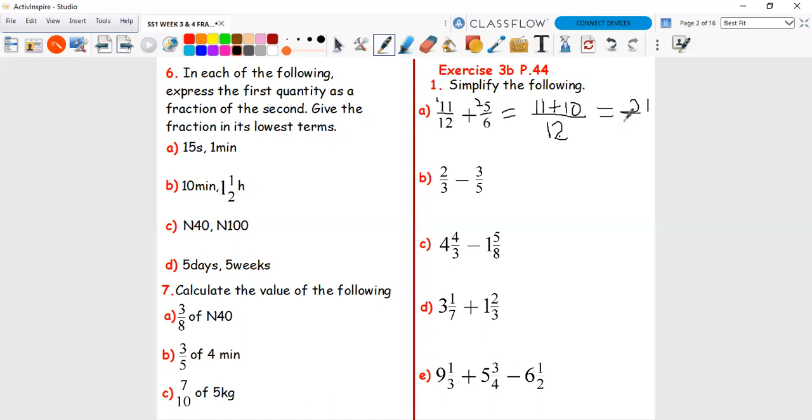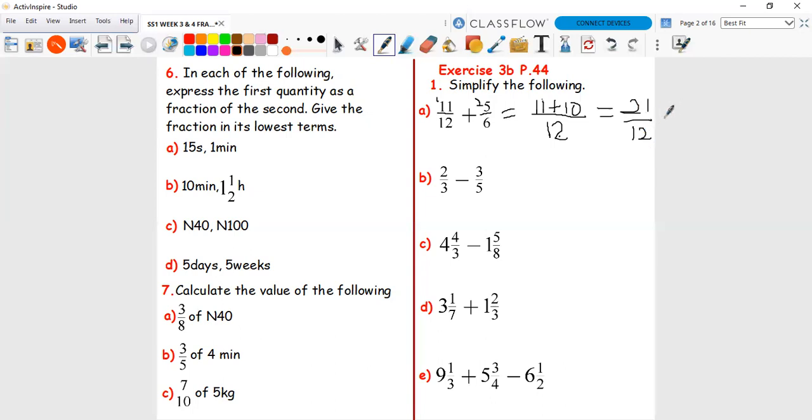Depending on the nature of the question, but normally as a mathematician, you are not expected to leave your answer in improper fraction. It is an improper fraction when the numerator is higher than the denominator. So you have to look for how many 12 you can get in 21.